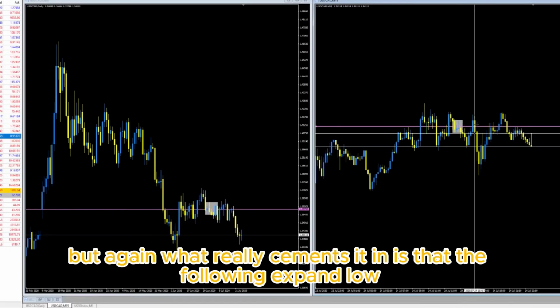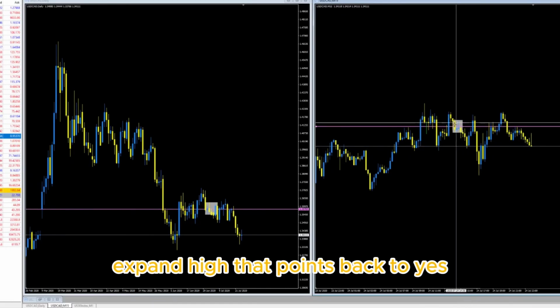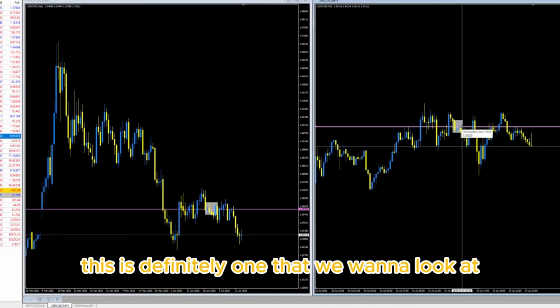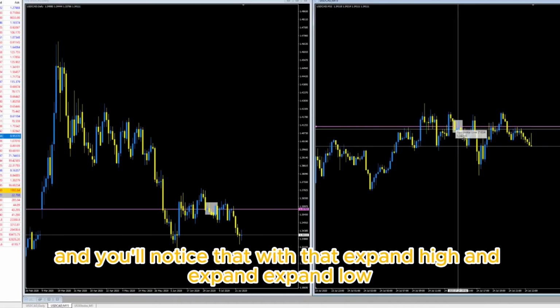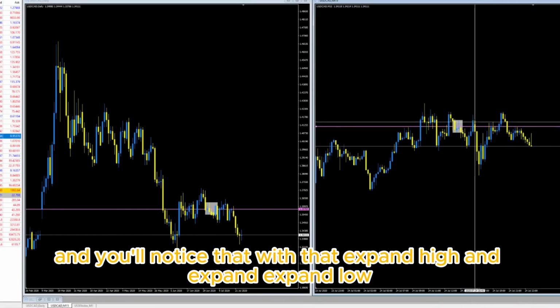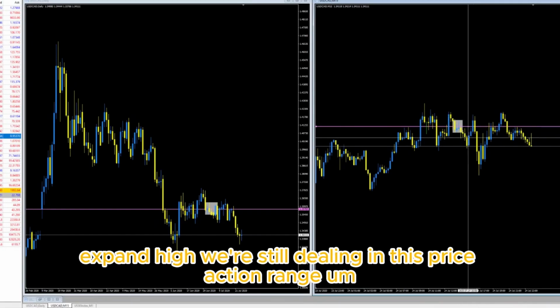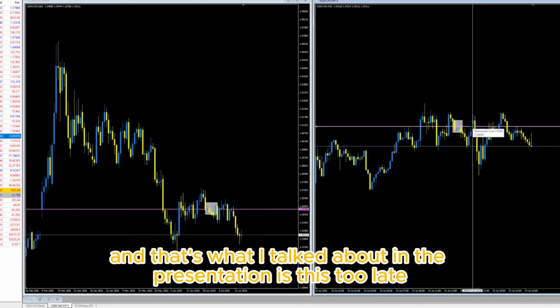But again, what really cements it in is the following expand low, expand high. That points back to, yes, this is definitely one that we want to look at. And you'll notice that with that expand high and expand low, expand high, we're still dealing in this price action range. And that's what I talked about in the presentation. Is this too late?